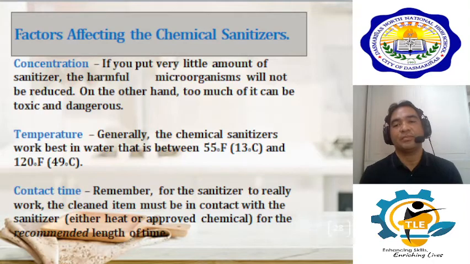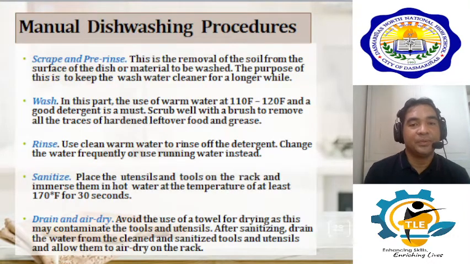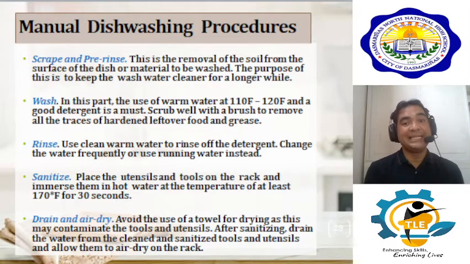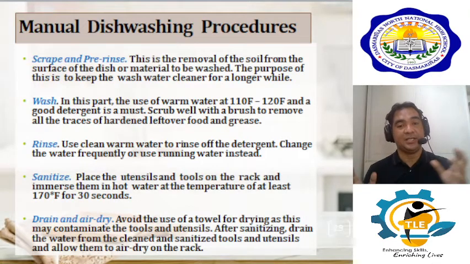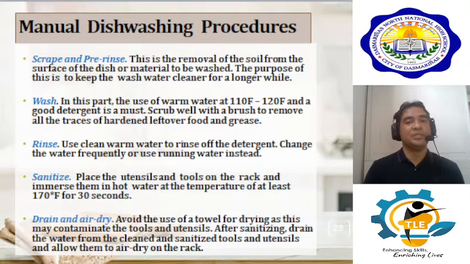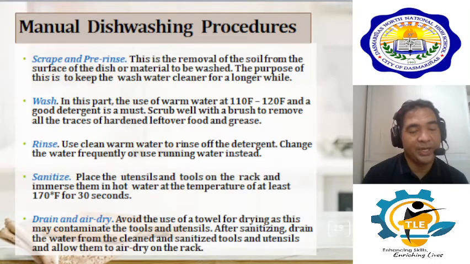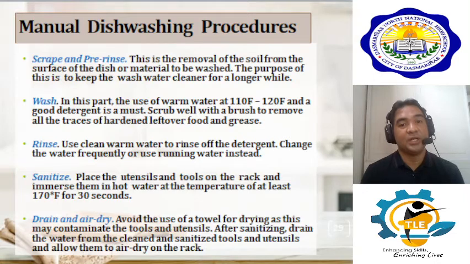All right. Now, moving on, we're done with the discussion of cleaning and sanitizing. Okay, as I told you, they go hand in hand with each other. Now, I'm going to discuss the manual dishwashing procedures. All right. So, if you are finished using your kitchen utensils, if you finish eating or preparing the food, this is what you're going to do.